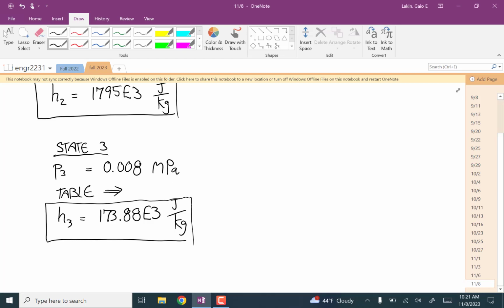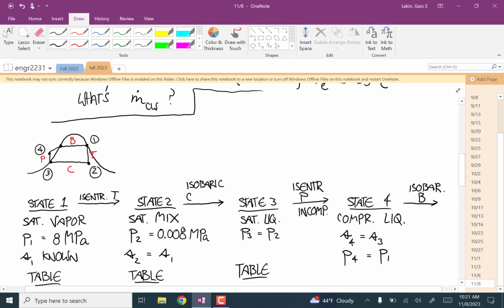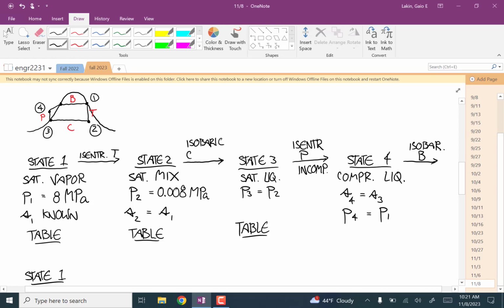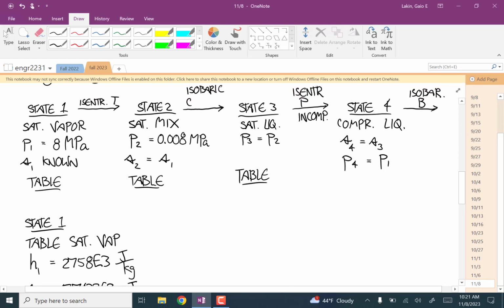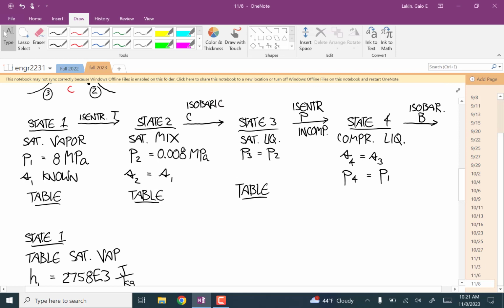But now we have the one that's always going to be kind of the biggest hassle, because it's the only one that's not at saturation. And all we know about it is the pressure. We do know the pressure. We do know the entropy too. And we know it's an incompressible material going from state 3 to state 4.